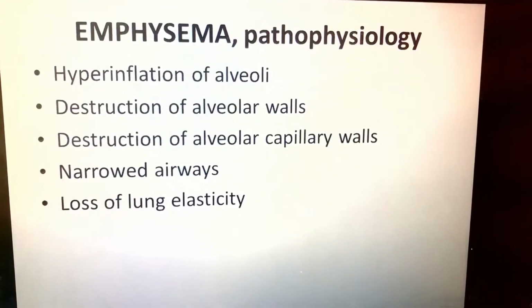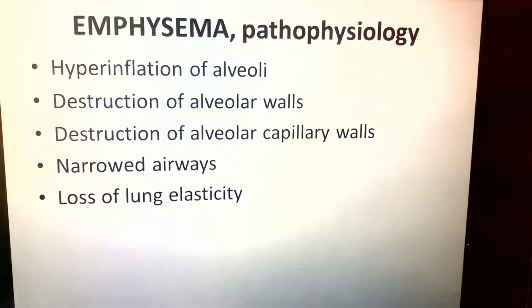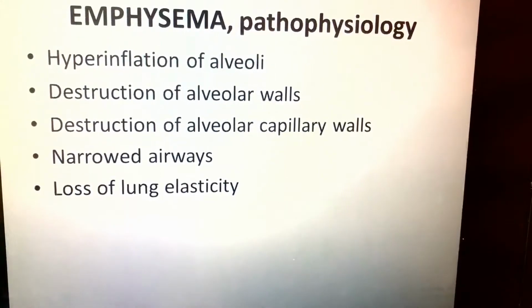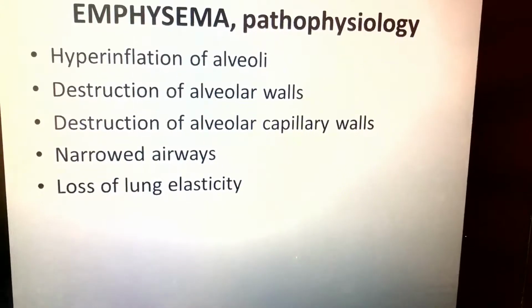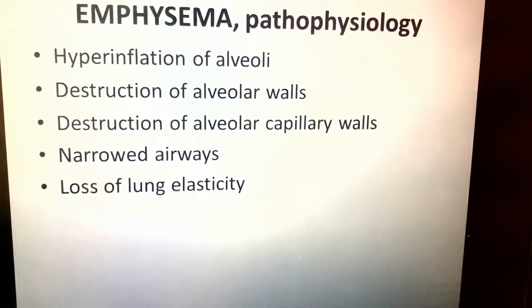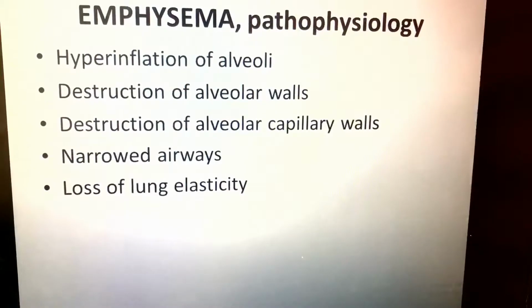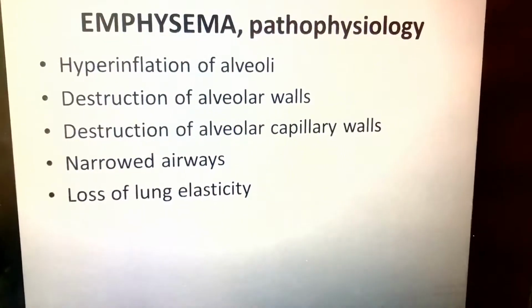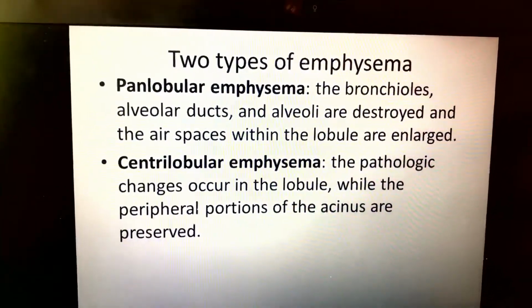Let's summarize the pathophysiology of emphysema. We will have hyperinflation of alveoli and destruction of alveolar walls. There will be a destruction of alveolar capillary walls, narrowed airways, and loss of lung elasticity. We have two types of emphysema.